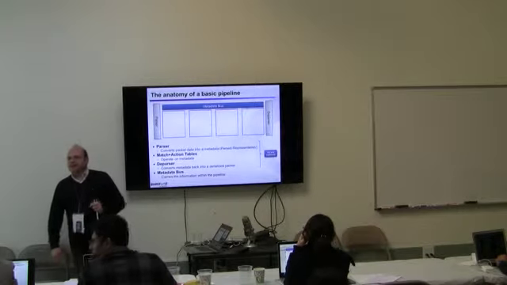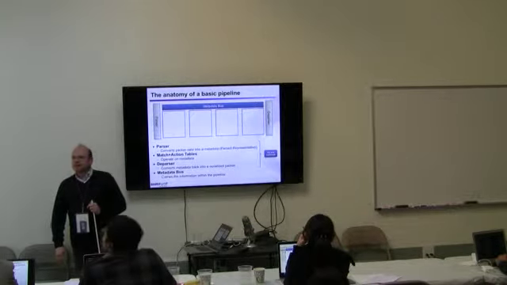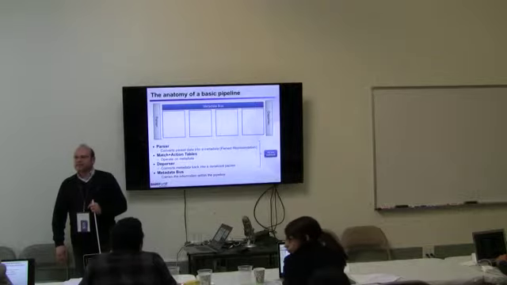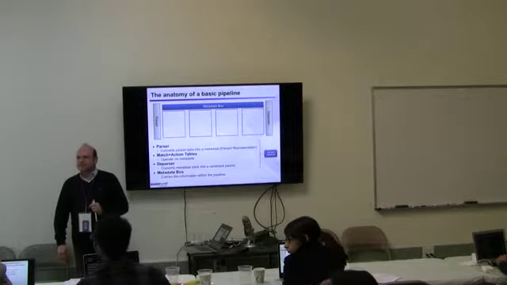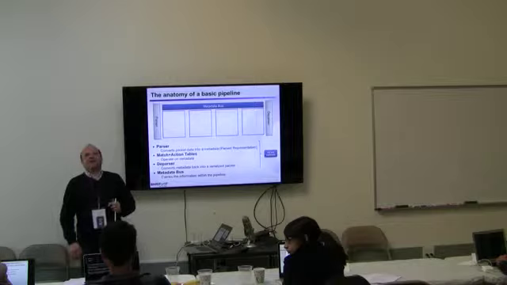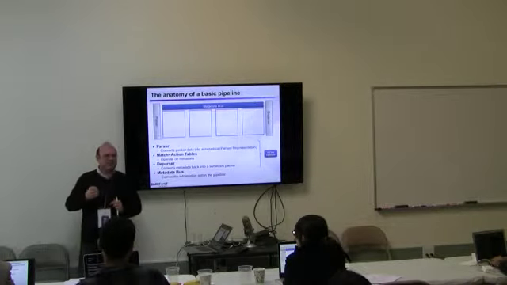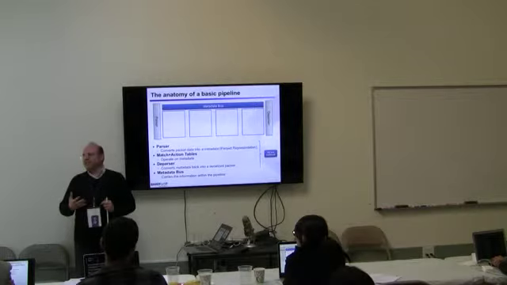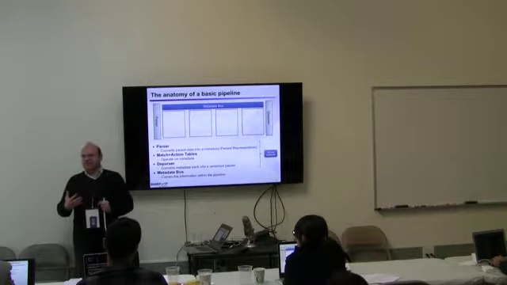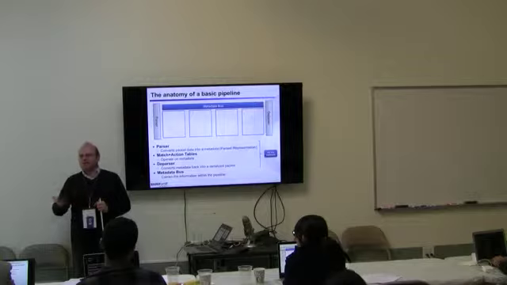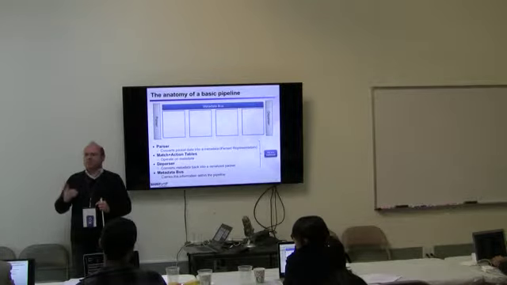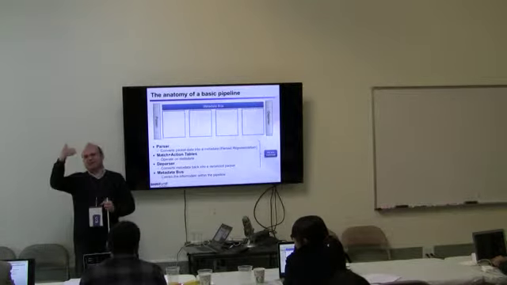Yes? If the order of the TLV fields that are output is in an unknown order, then how does the next switch know where they are? Well, the question is, what will the next switch do if the TLV order gets changed? Well, the beauty of the TLV is that usually you should be able to parse them regardless of the order, right? That's why they have type length value. You just see that's type number 5.